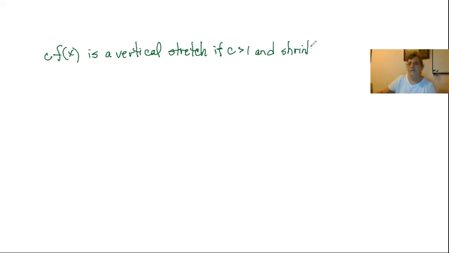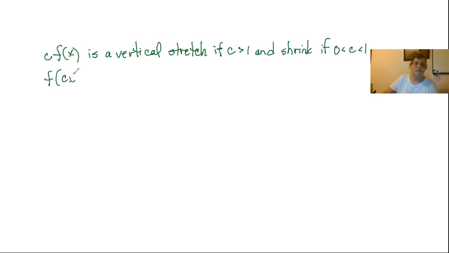c times f of x is, how can I write this with the fewest rules, a vertical stretch if c is greater than 1 and shrink if c is between 0 and 1.